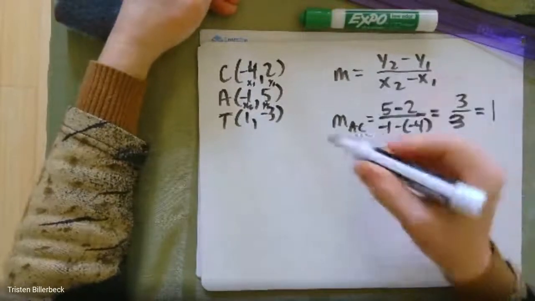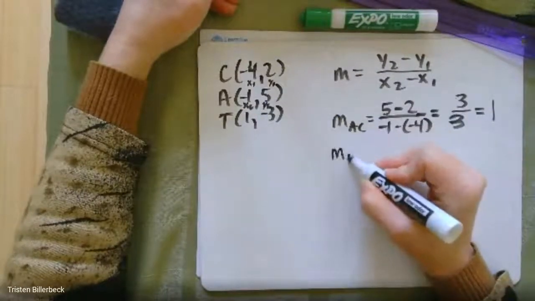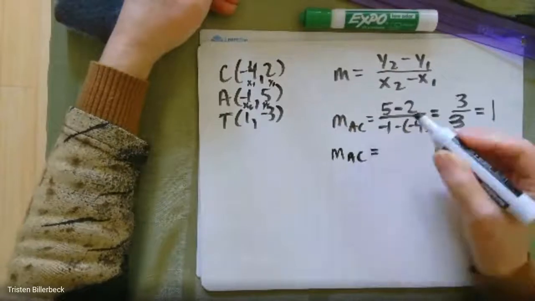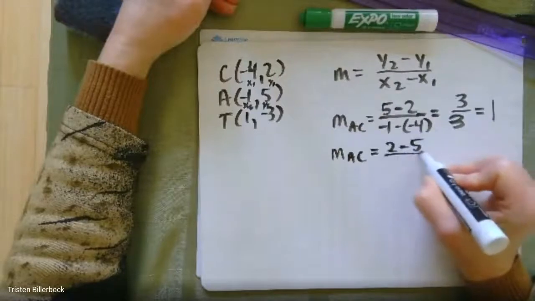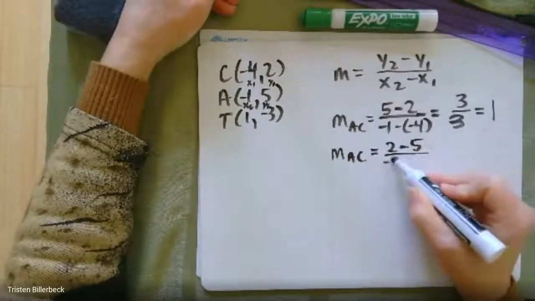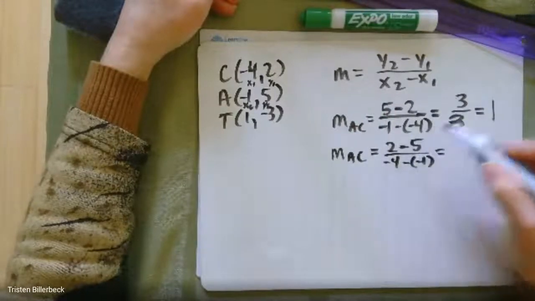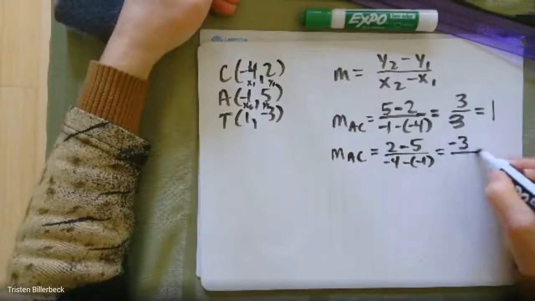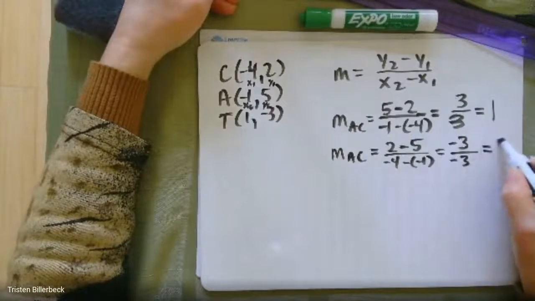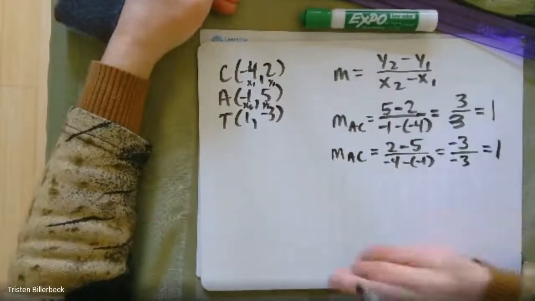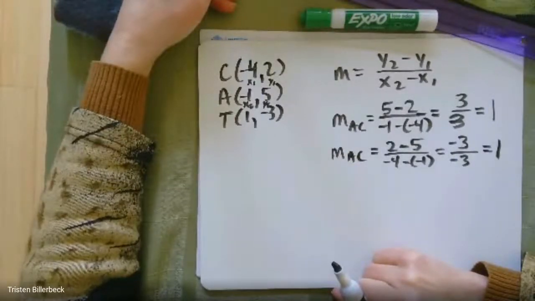Okay, so let's say this was x2 and that was x1, and we're going to just try it out and see if it makes any difference. So if we had 2 minus 5 over -4 minus a -1, we end up with 2 minus 5 is -3, and -4 plus 1 is -3. Well, that's just 1. Okay, so are we going to get worried about how we name what point, if it's point 1 or 2?